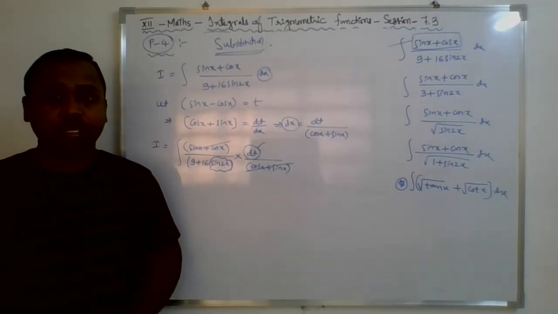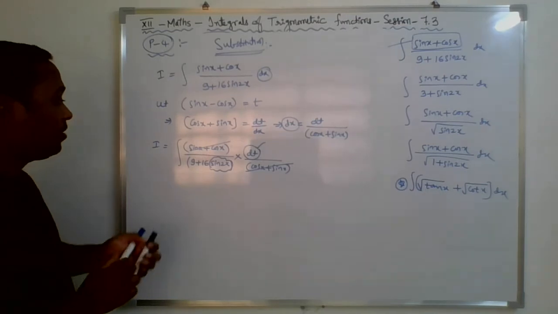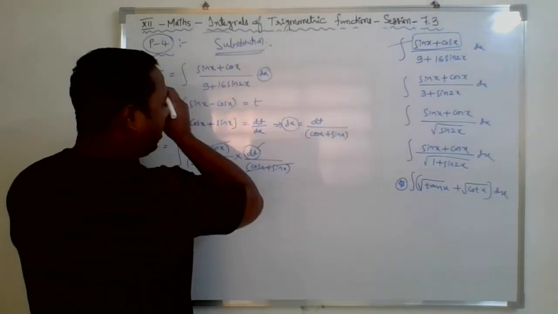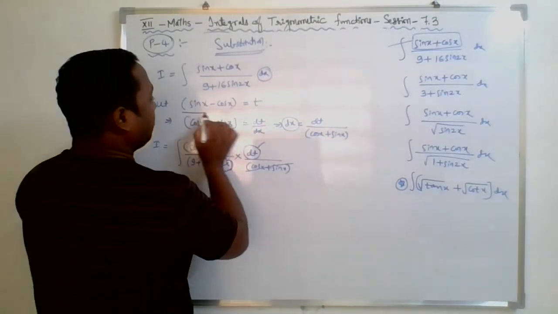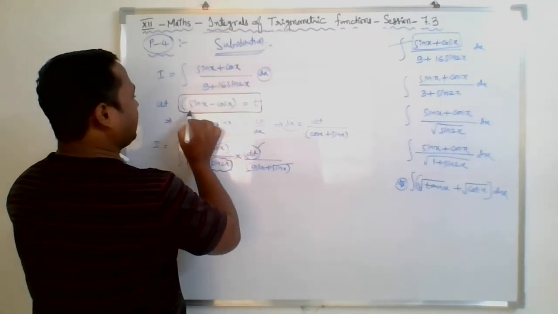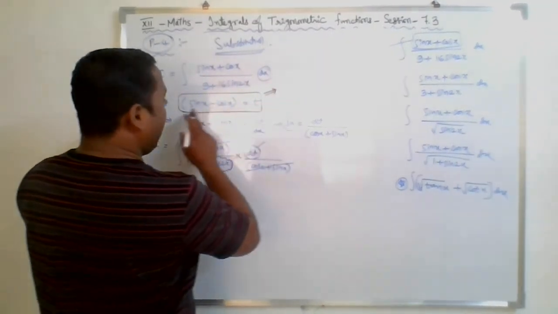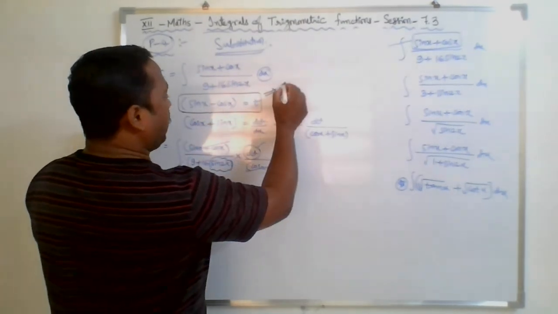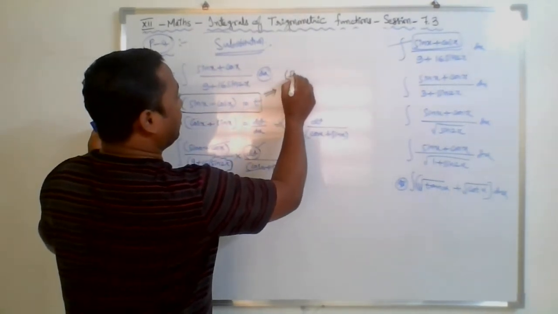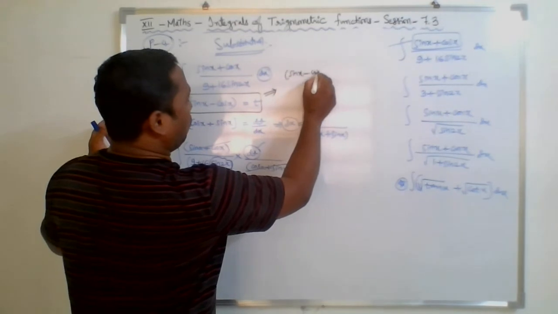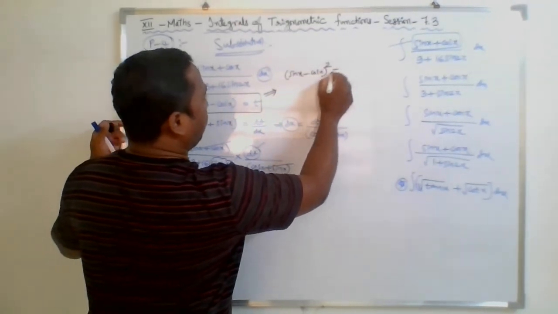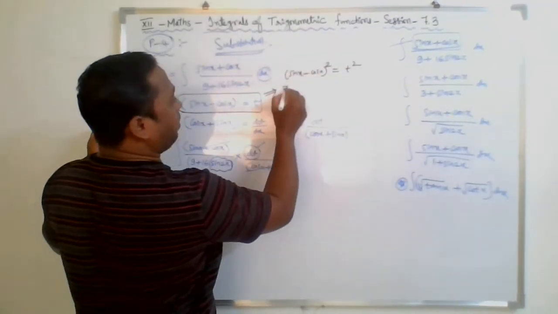So here, if you are assuming sin x minus cos x is equal to t, then by squaring on both sides you will get sin x minus cos x whole square is equal to t square.